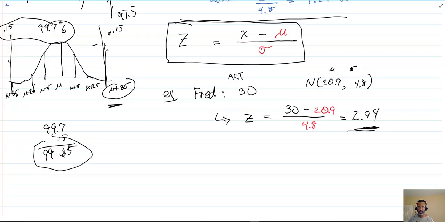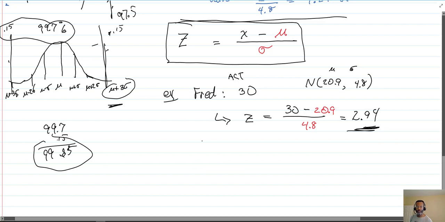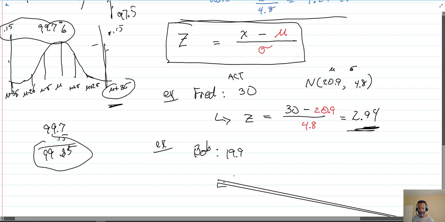And then finally, to take maybe one more simple example, let's look at Bob's score, and his score might have been, say, 19.9, and this is for the ACT. So what is Bob's z-score?